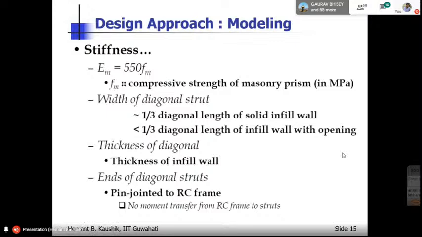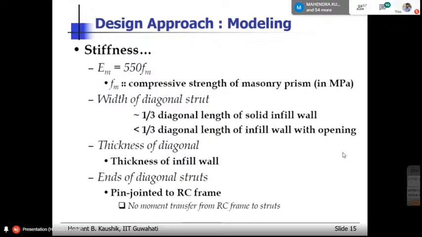Now, I think we already discussed that this modulus of elasticity is about 550 times the compressive strength of the masonry prism. Okay, what is this masonry prism? It is the same prism that, if you remember, that person was breaking, some height of this masonry wall, right? So several bricks were there.